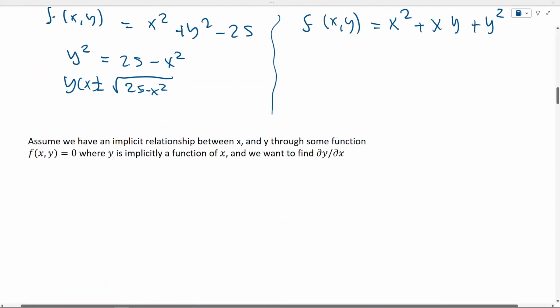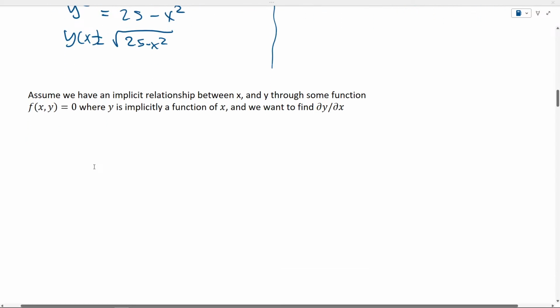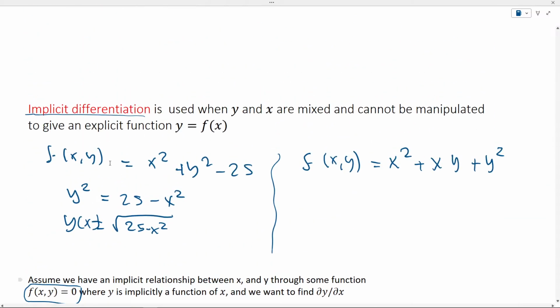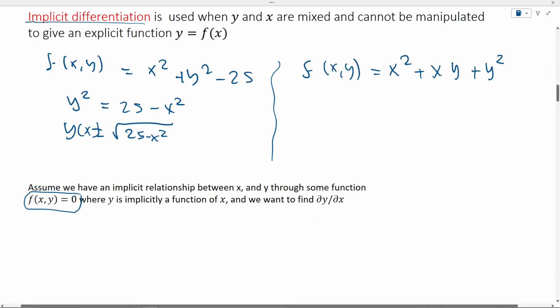So how can we do this? That's our function, and this function is equal to 0, where y is implicitly a function of x.